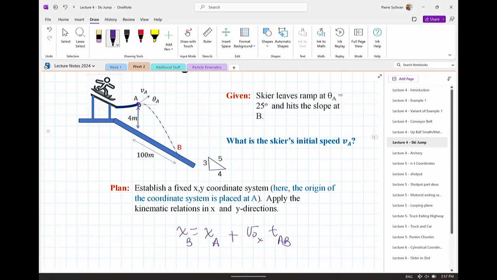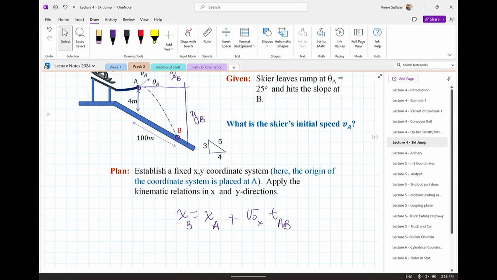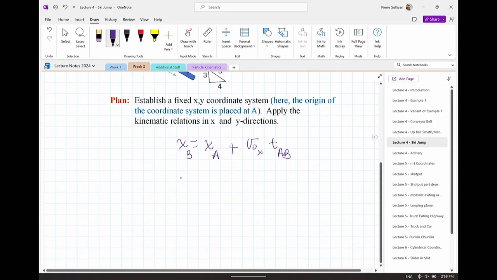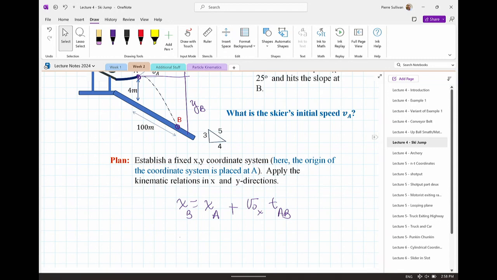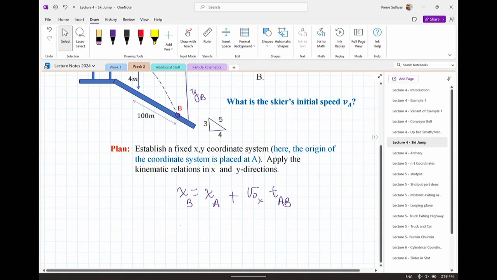So I have A here, I have B here. I can separate it out into XB and YB. I'm also given a typical case, which is 3, 4, 5 triangles. So sometimes we won't give you an angle. We'll just say 3, 4, and 5. You should be able to calculate everything from that.